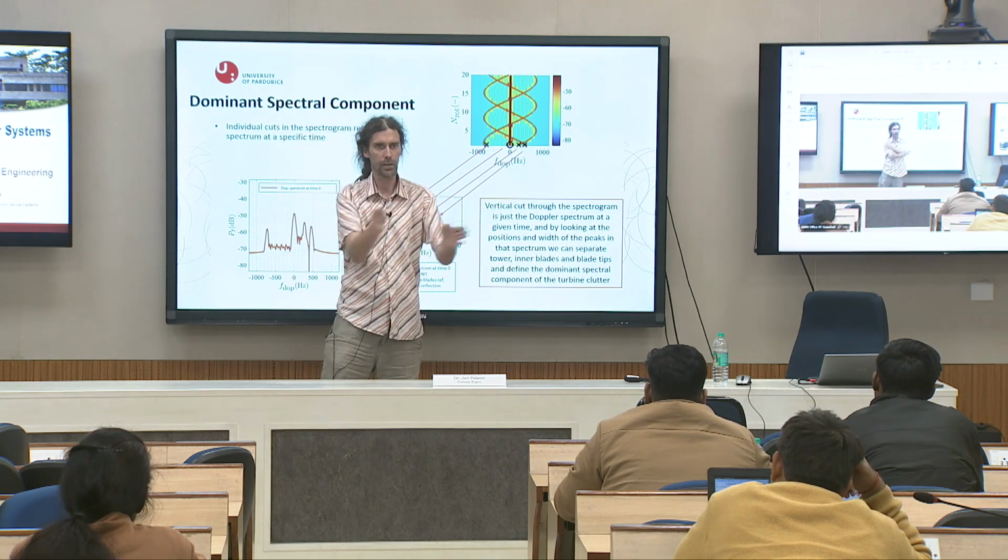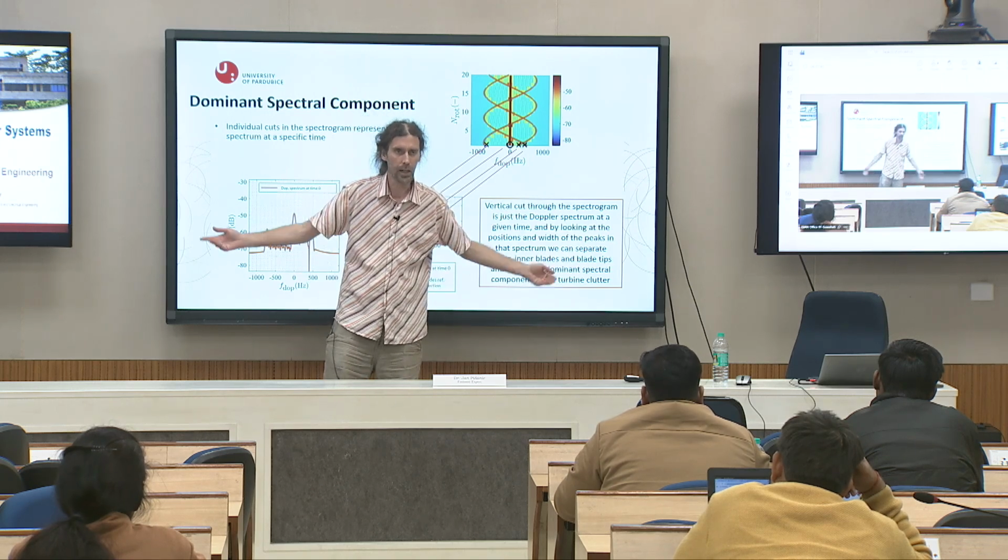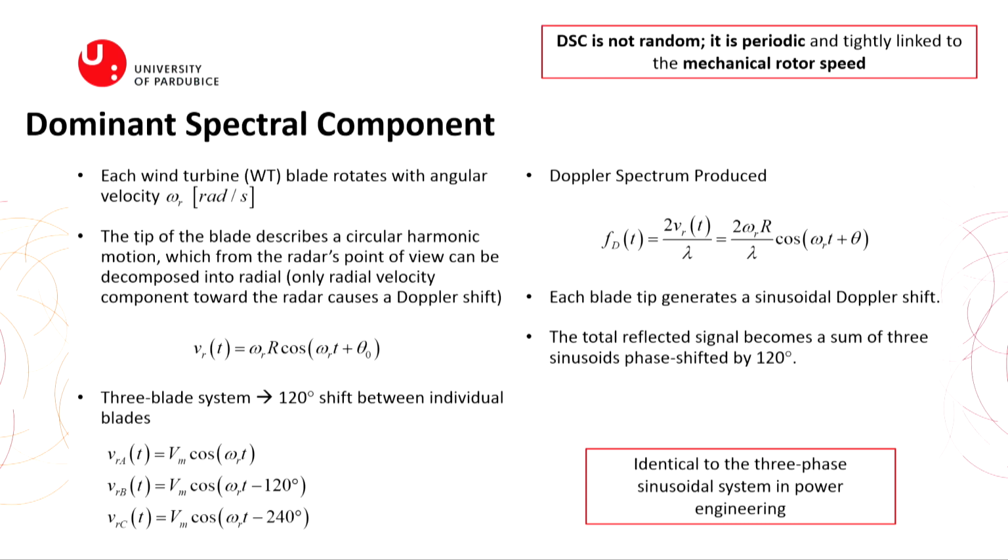Why? Because it is higher speed, higher Doppler, so it is clear. Each wind turbine blade rotates with some angular velocity omega r in radians per second, of course.